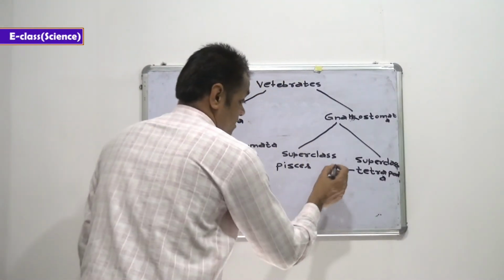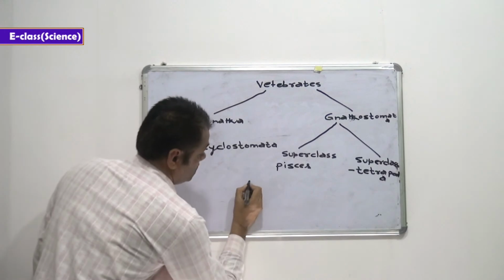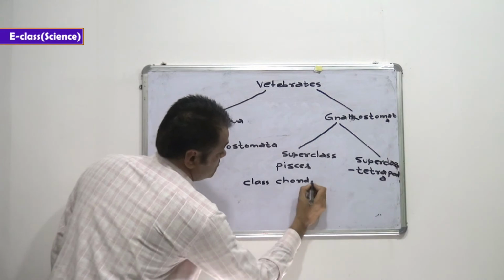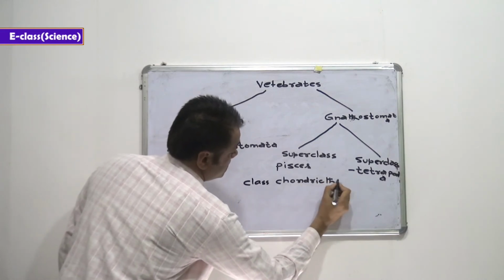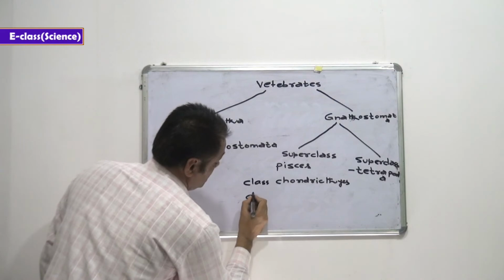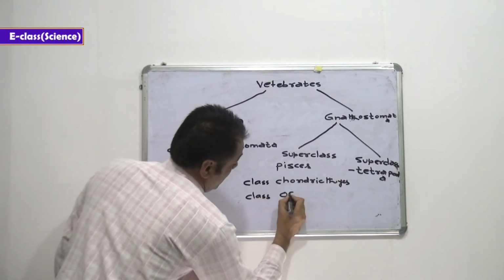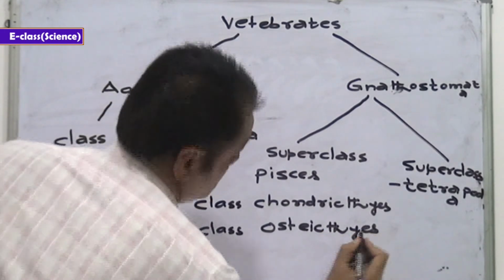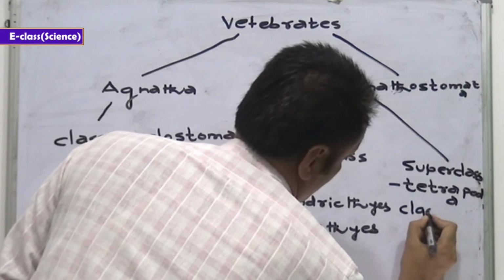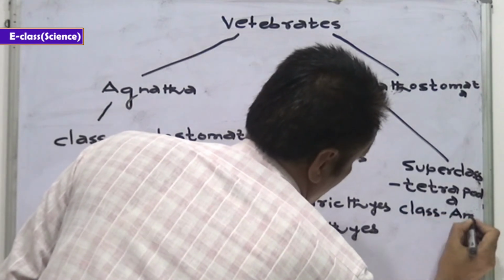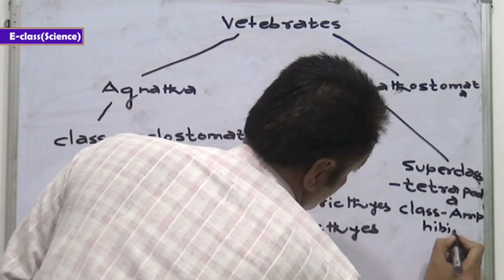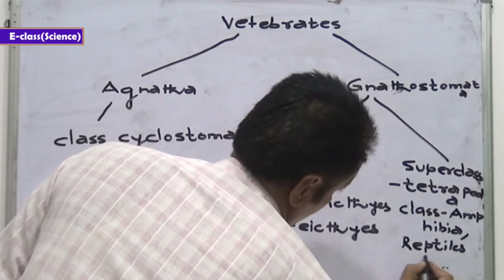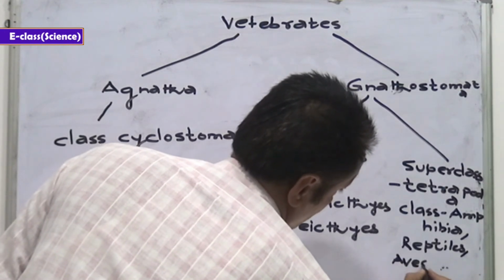Now in the superclass Pisces there will be two classes: Chondrichthyes and second Osteichthyes. And in Tetrapoda, the classes are Amphibia, Reptilia, Aves, and Mammalia.